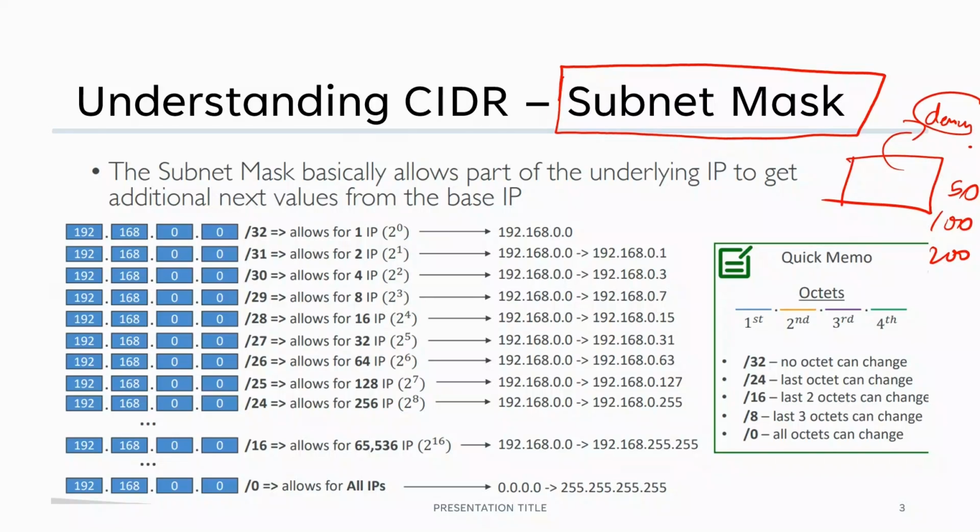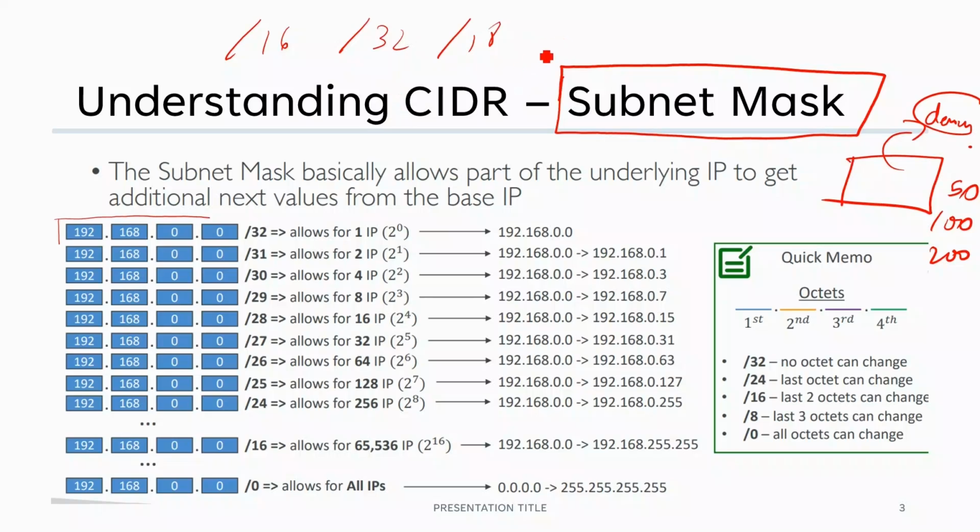So for example, this is a common IP address, 192.168.0.0, and then we have a /32 over here, and this is where it becomes interesting. It allows for only one IP, which is 2 power 0. The thing is, you write the subnet mask like /16, /32 or /18, whatever.